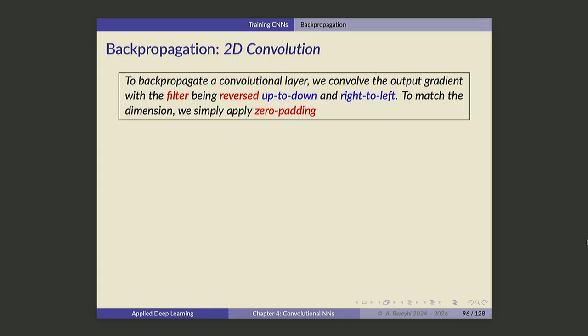In the convolution, you get your filter itself, you convolve it with the input, you compute the output. In the backpropagation, you get the gradient up to the output, you get your filter, first you reverse it in the format that I told you, then you do the convolution, you get the gradient in the input. Everybody's cool? Questions?